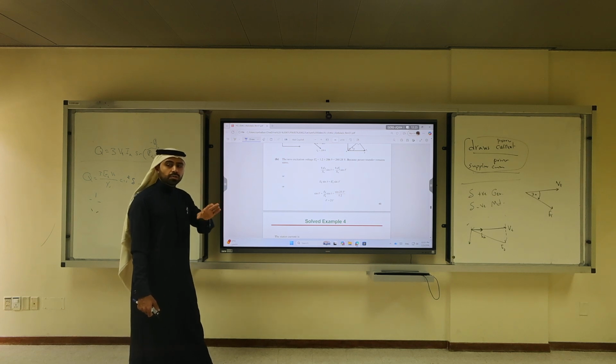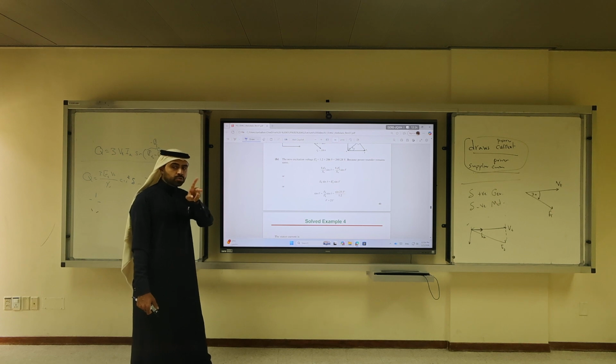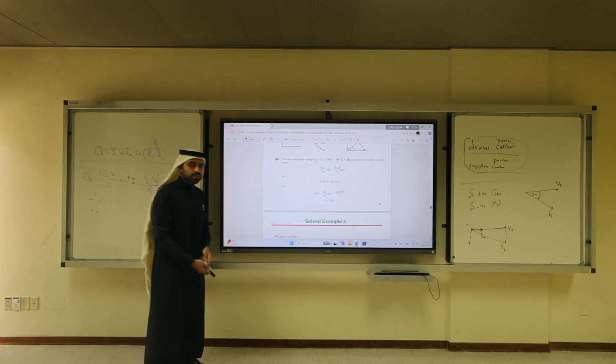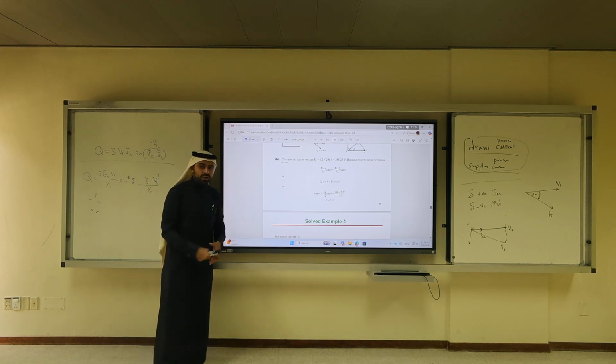The American way is poles. So 1, 2, 3, 4. The minimum is 2. Don't put 1. The British way, they use pole pairs, and then you would find the factor of 2 in every equation. This is in UK textbooks. Use the American way. It's better.